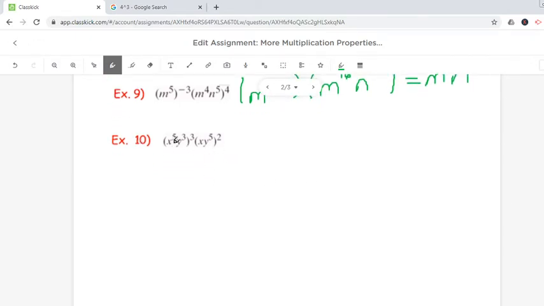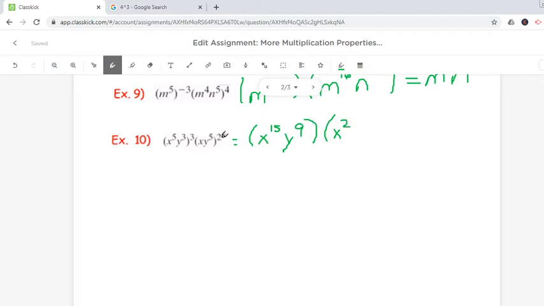Okay, and again, we have another exponent outside the parentheses. So we have for x, 3 times 5, 15, and 3 times 3, that's 9. And then we have x squared right here.